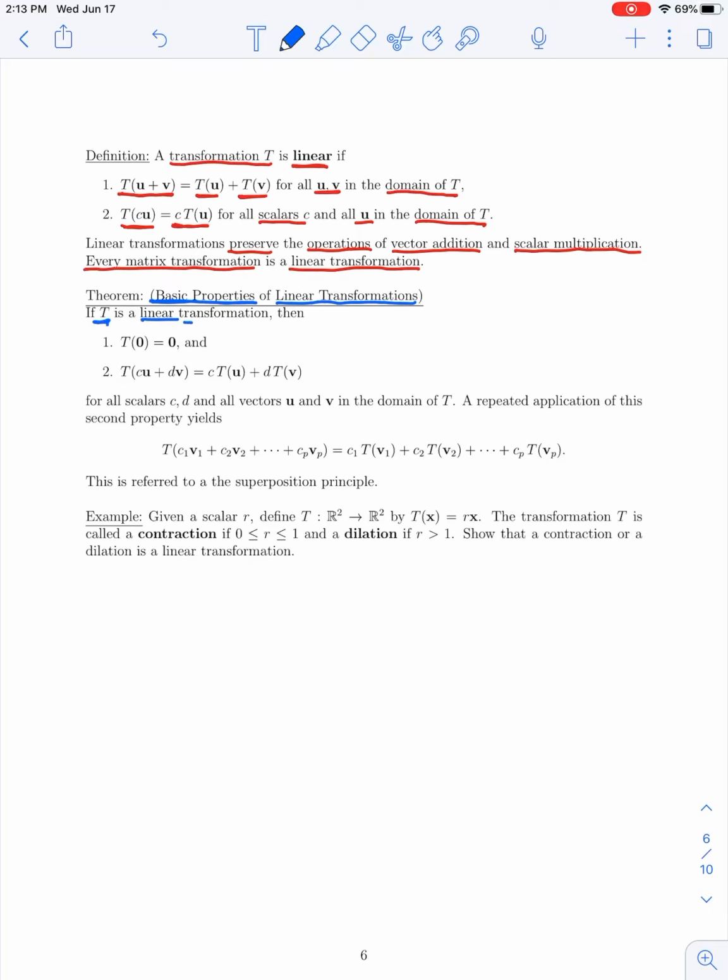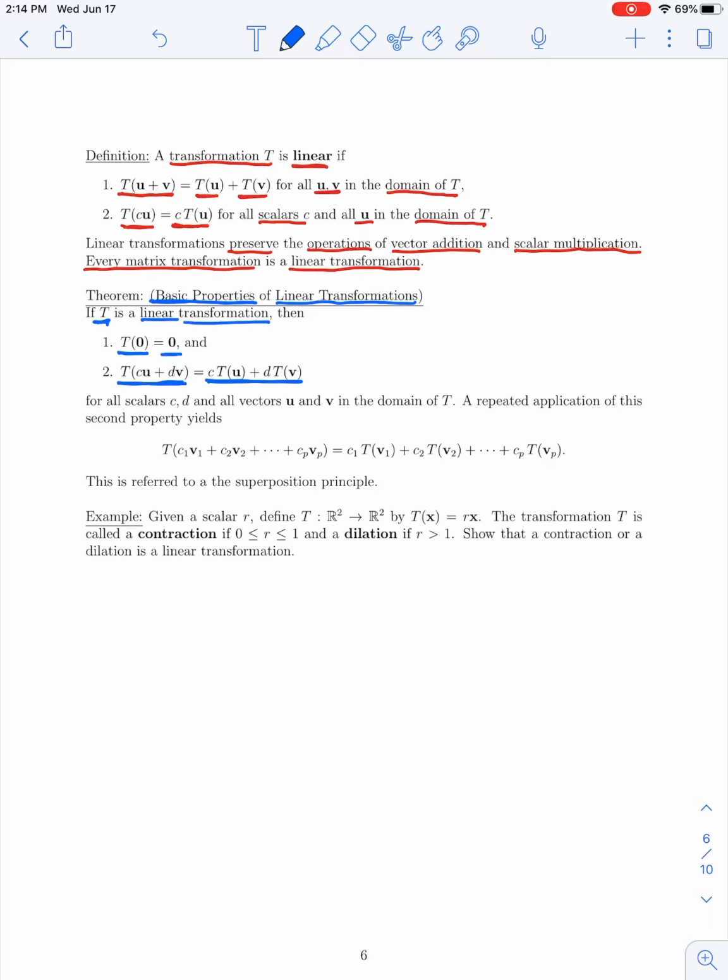If T is a linear transformation, so if it satisfies these two conditions, then the transformation of the zero vector must be equal to the zero vector, and the transformation of a linear combination of two vectors, say a constant c times u plus another constant d times v, is equal to the linear combination of those transformations, c times T of u plus d times T of v.